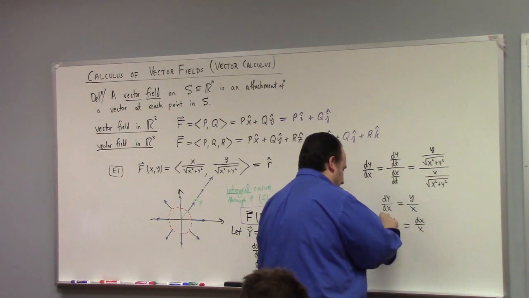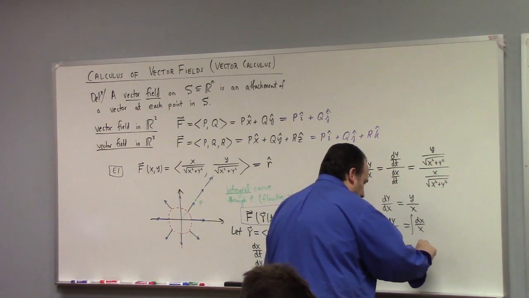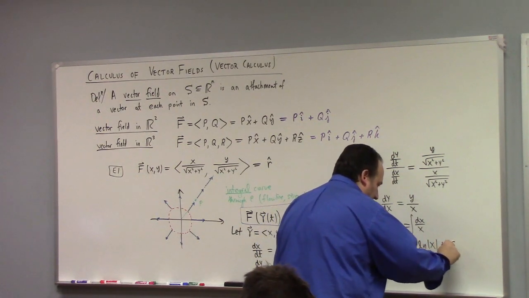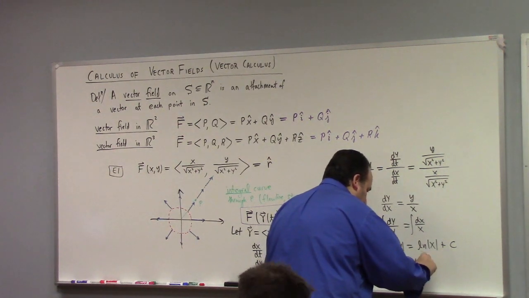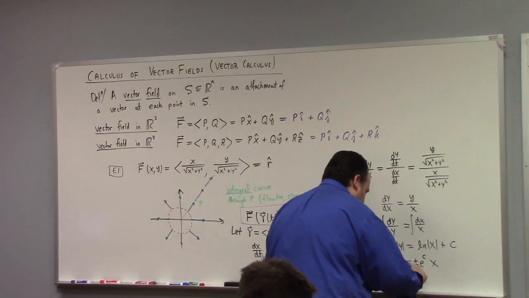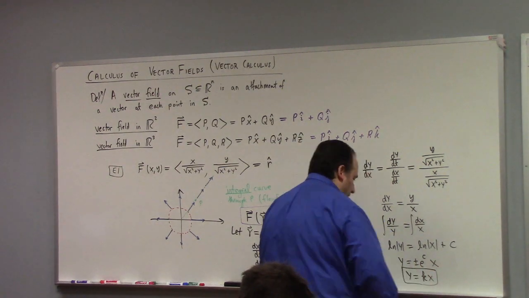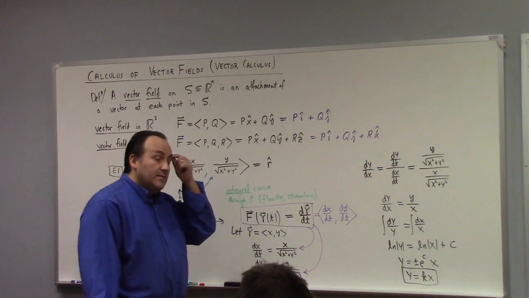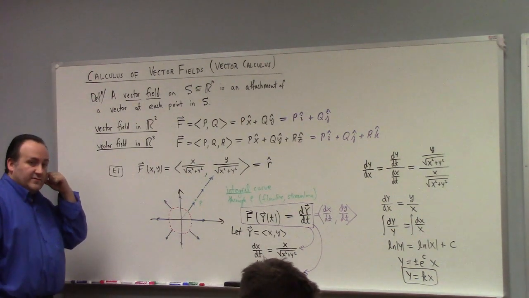Integrate those things: natural log of the absolute value of y is equal to the natural log of the absolute value of x plus a constant. Exponentiate that, and you get y equals plus or minus e to the c times x, which of course gives y equals kx. So there you go. The solutions to the differential equation, of course, are lines through the origin.